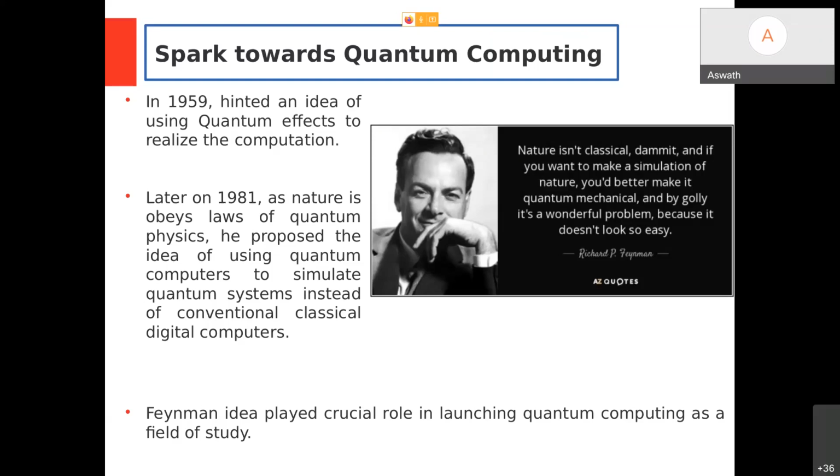In 1959, a great scientist and great teacher, the physicist Richard Feynman, hinted at an idea of mimicking nature, meaning simulating nature using some kind of computing devices. That was a vague idea. In 1981, he said the conventional computers that existed by then were not sufficient to mimic nature.